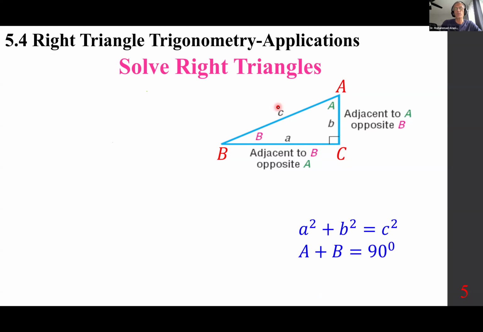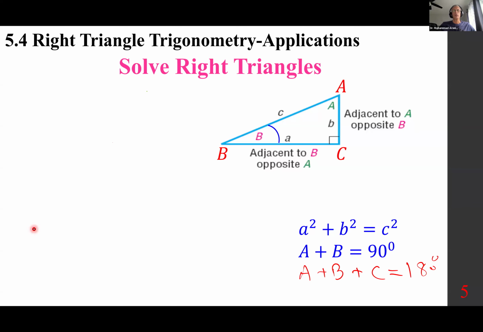Having said that, a squared plus b squared equals c squared, the Pythagorean theorem. This is a right triangle, so A and B must add up to 90 degrees because the total of the interior angles is 180. In other words, we should know A plus B plus C is always 180.